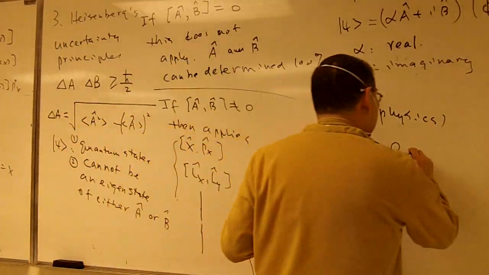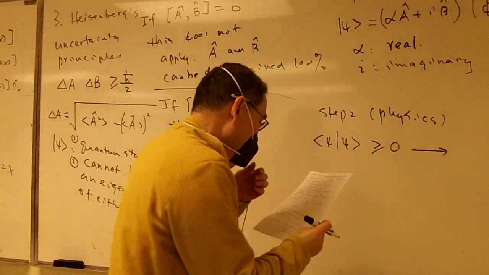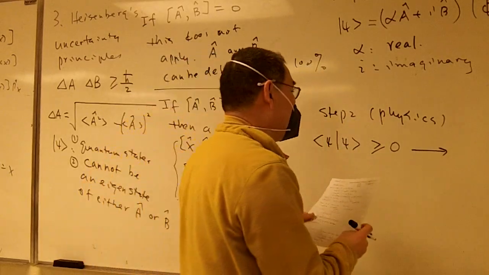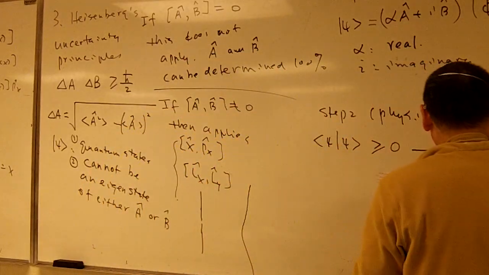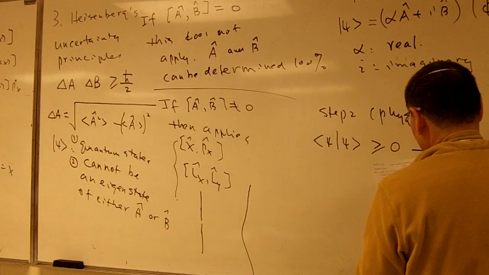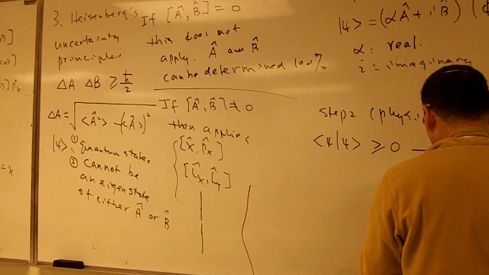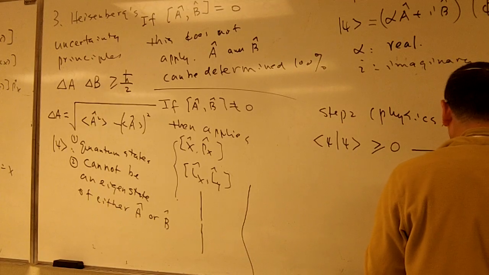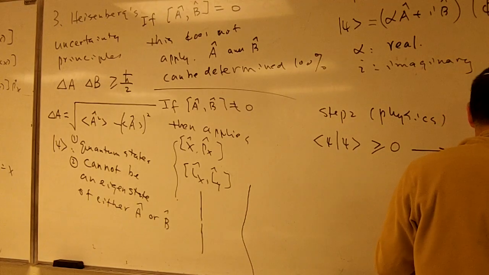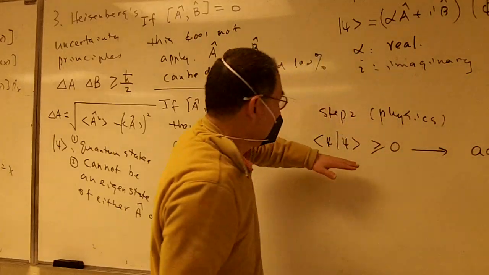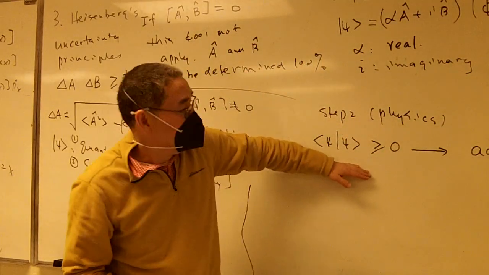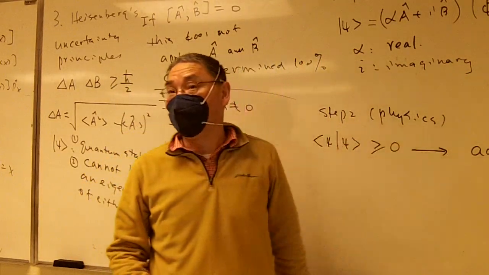Then this leads to another equation, a quadratic equation. I will explain this to you. The quadratic equation looks like this: A alpha squared plus B alpha plus C is larger than or equal to 0. So if you do this step, you will end up with this particular equation.